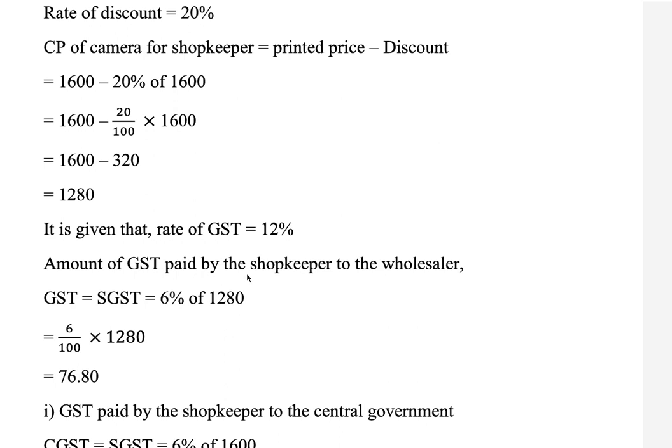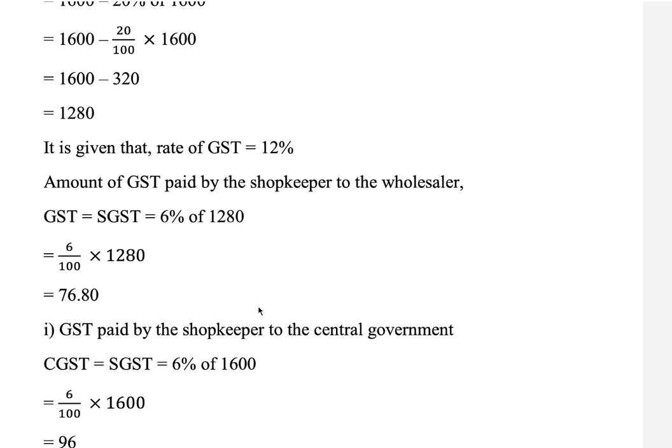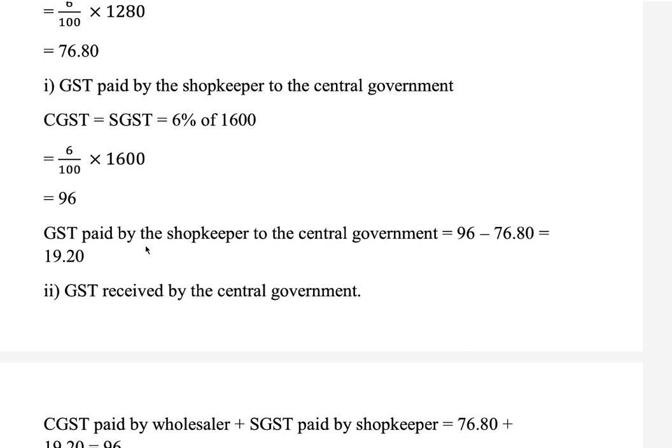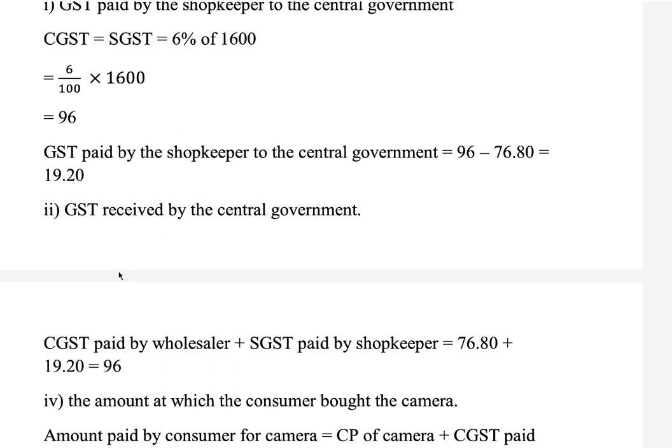So the amount of GST paid by the shopkeeper to the wholesaler, that is CGST equals SGST, is 6% of 1280. So 6% of 1280 comes to 76.80. The GST on the sale by the shopkeeper is 1600 into 6%, that comes to 96. So the GST paid by the shopkeeper to the central government is 96 minus 76.80, that comes to 19.20.